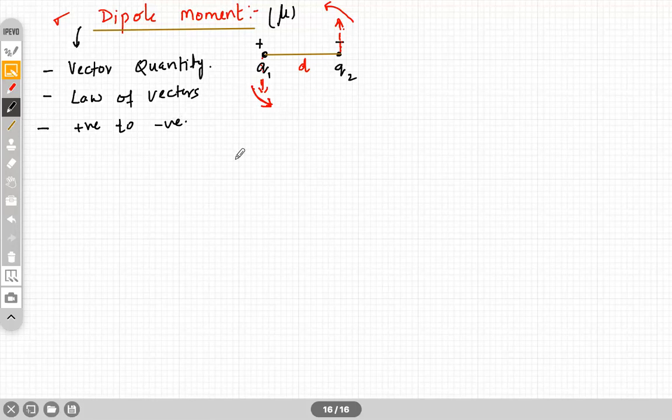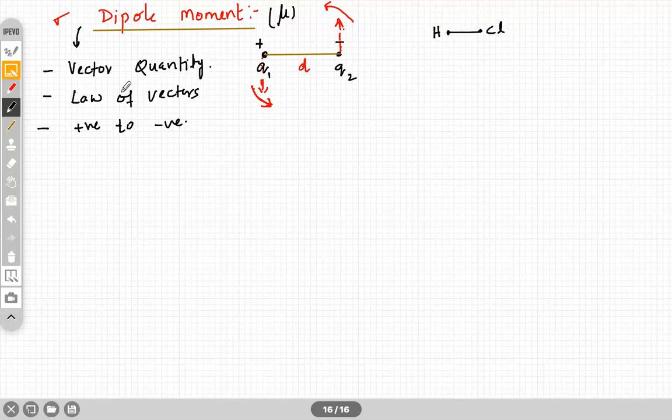Now, what is the role of this in chemistry? Again, we are not going to calculate the exact value of the dipole moment. We are just going to check whether the molecule has a net dipole moment or not. That is it. So, for example, suppose I have taken HCl. How does the HCl bond behave as a dipole?